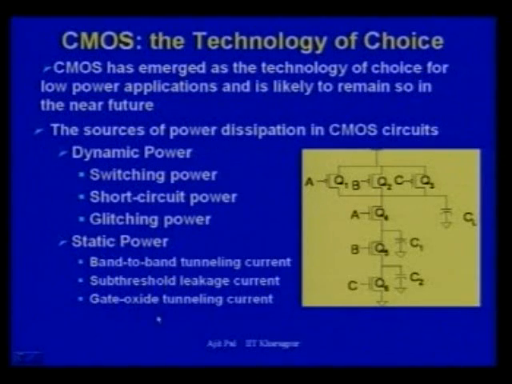However, there are various types of leakage currents. Some of the important sources of static power, which are essentially leakage currents, are shown here: band to band tunneling current, subthreshold leakage current, and gate oxide tunneling. I shall give some more names later on.